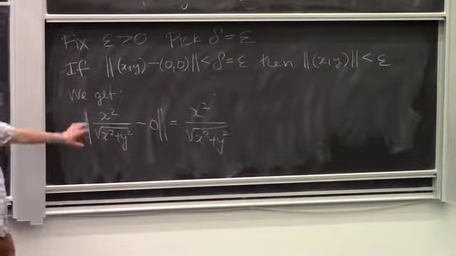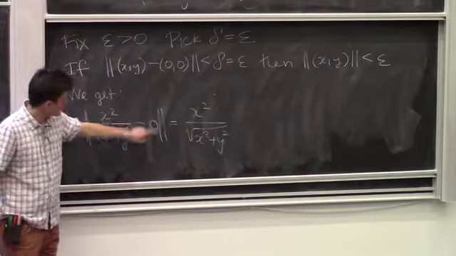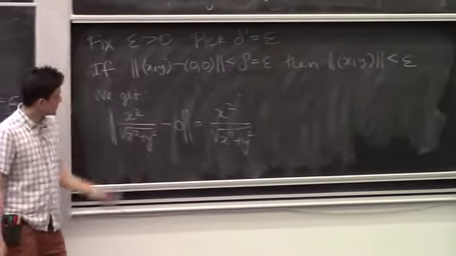Okay, our function minus its limiting value, well, its limiting value is 0.